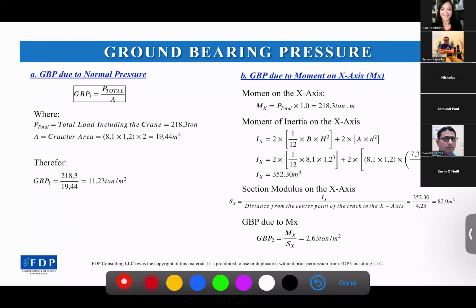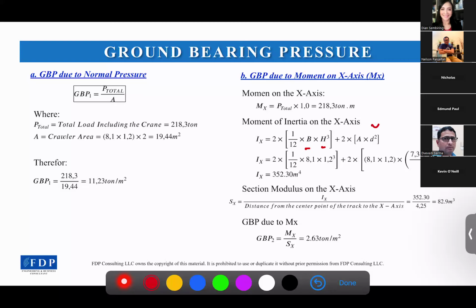So first you need to find the inertia of the tracks here. You can just use this formula because it will be the same for the tracks of the other crane, but you need to adjust what the B and the H are here.